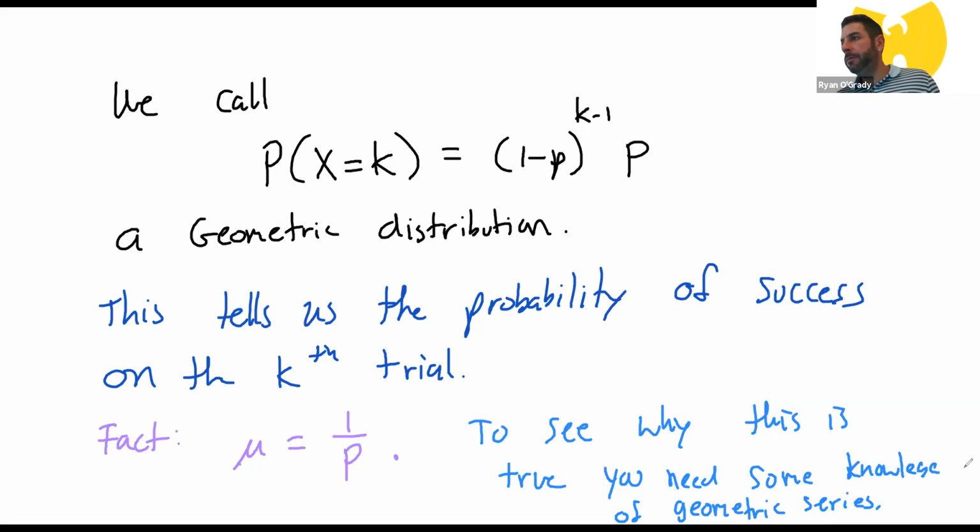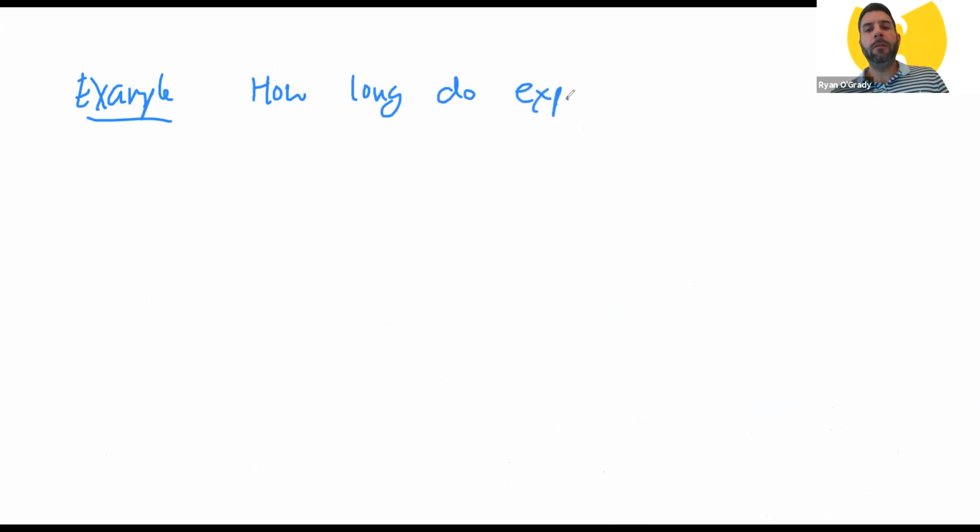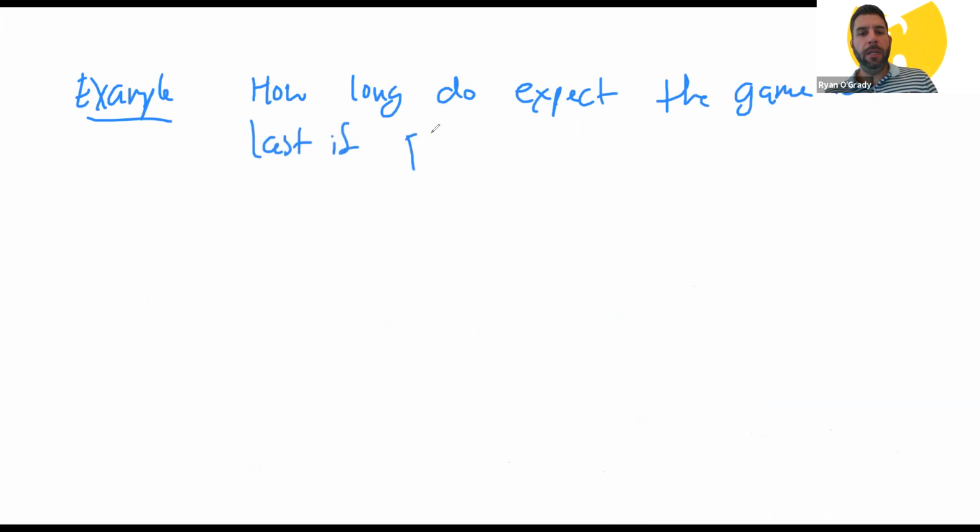Does anybody have a question, comment? So let's just look at that example in the context that we're talking about. Example: how long do we expect the game to last if p equals 1/2?